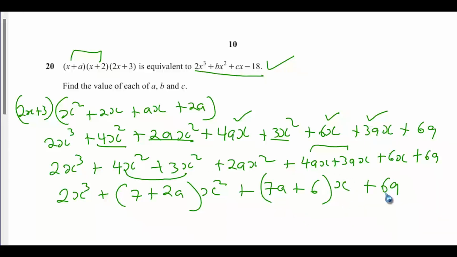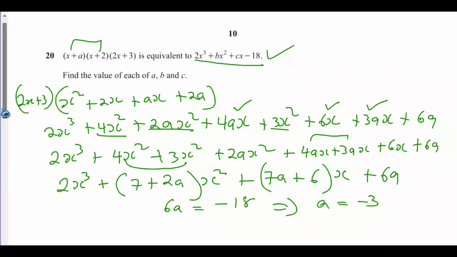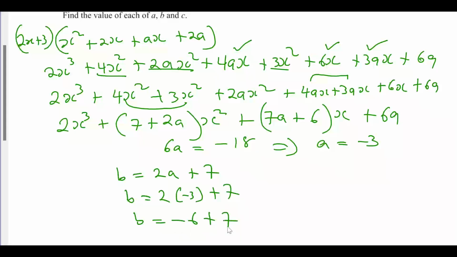So if you compare the last expression here with the given expression, you see that 6a is equal to negative 18, and that implies that a is equal to negative 3. Also, if you compare again, you see that b is equal to 2a plus 7. So b is equal to 2 into the value of a, negative 3, then add 7. Then b will be equal to negative 6 add 7. That implies that b is equal to 1.